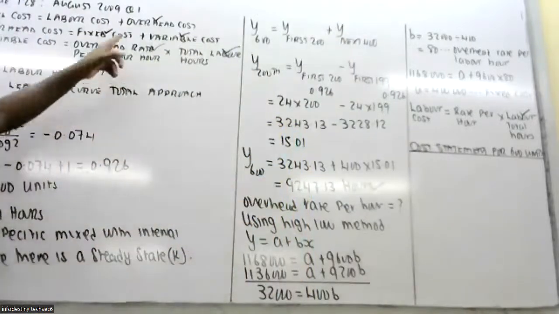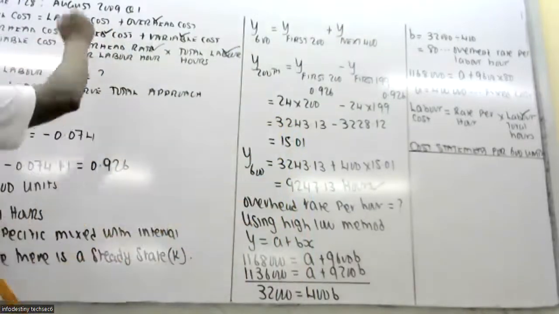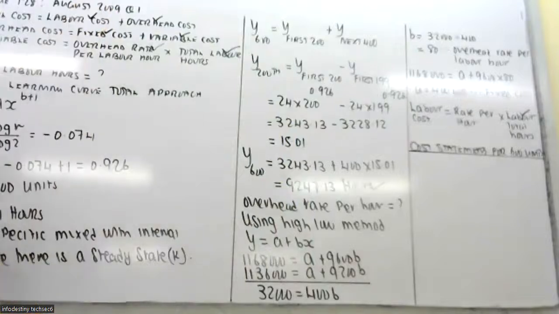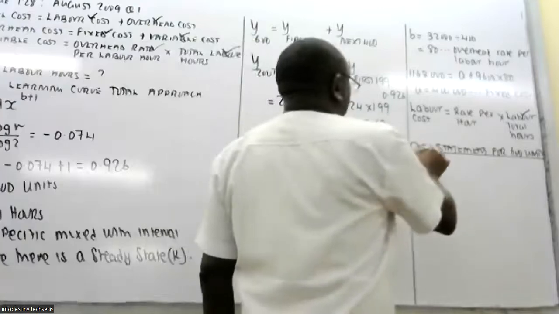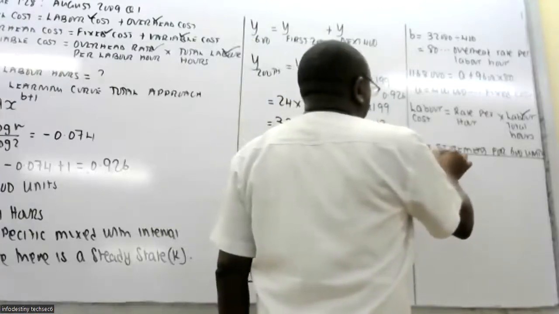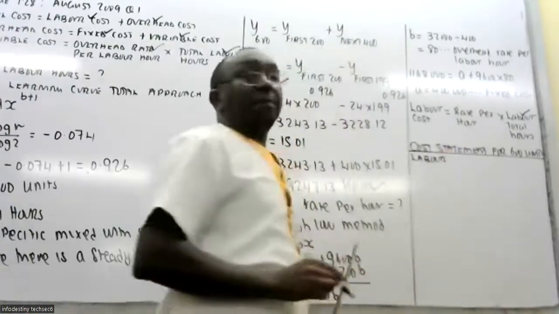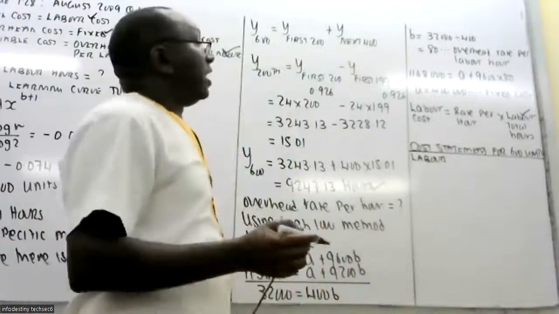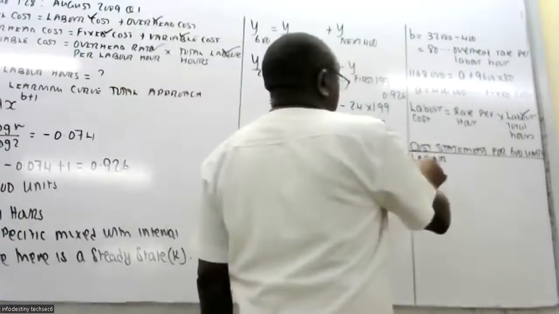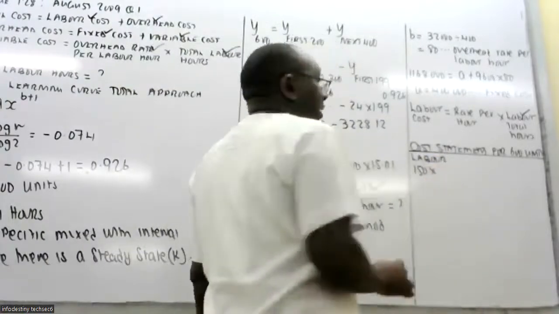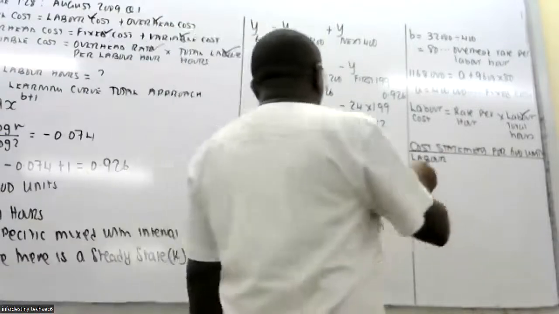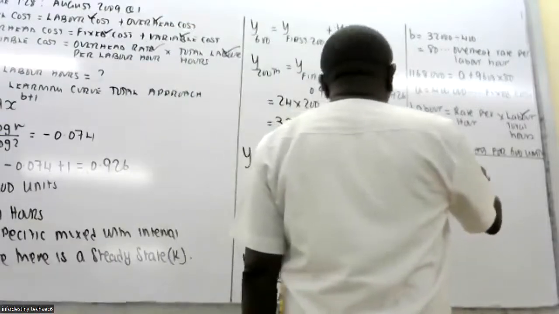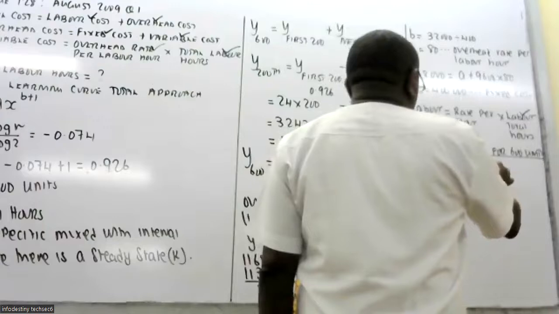So let's start again with the labor. We know the rate is 150 times the labor hours, which is 9247.13.